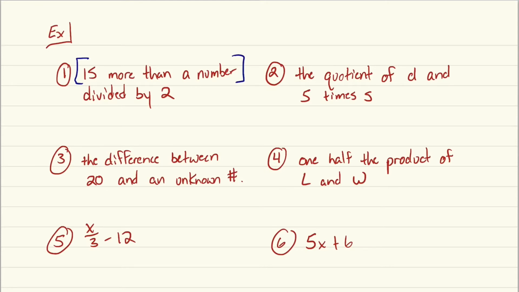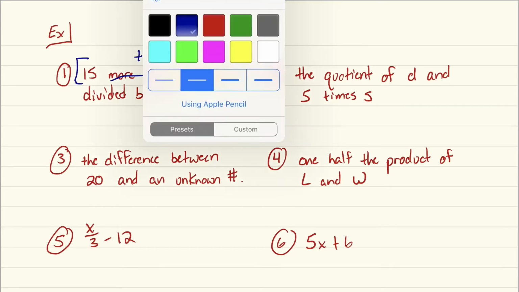Well, we know that more than is going to be a plus sign, and then we get to this phrase here, a number. Well, a number is going to be our general term for a variable.